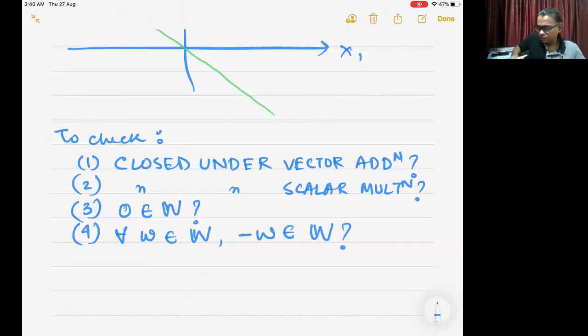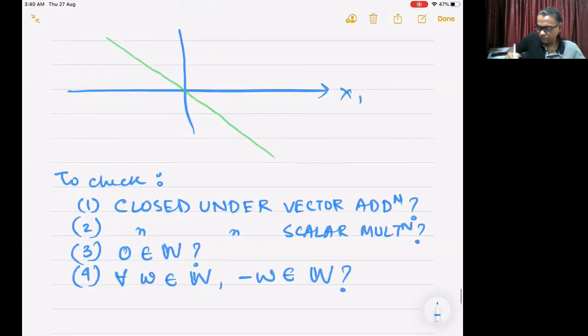So first, closed under vector addition or not, let us see. For this, suppose I take an arbitrary point here. The arrow that corresponds to this is this one. And then suppose I take another arbitrary point here. The arrow corresponding to this must be this one. So the law of vector addition would tell me that the sum of this will be another arrow like this, completing the parallelogram. That obviously is on the same line.